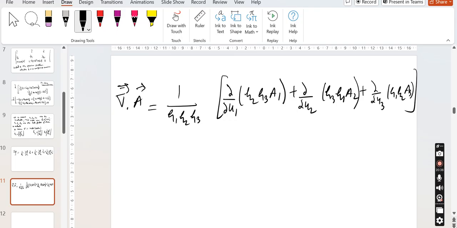Remember, here there is u1, here you will not write h1; u2, there is no h2; u3, there is no h3.